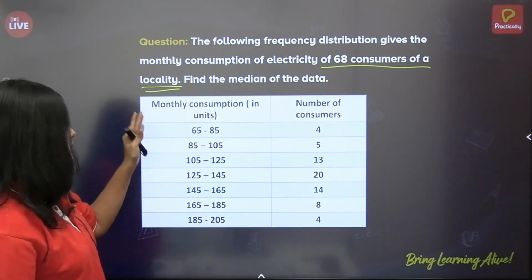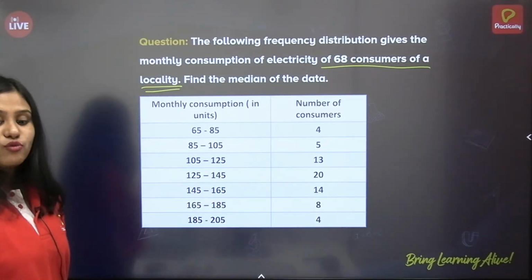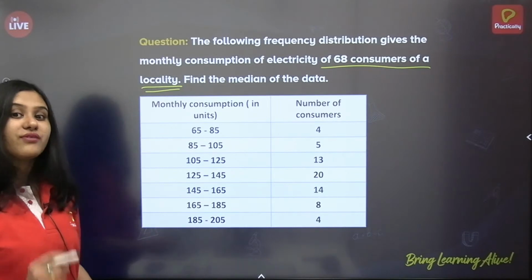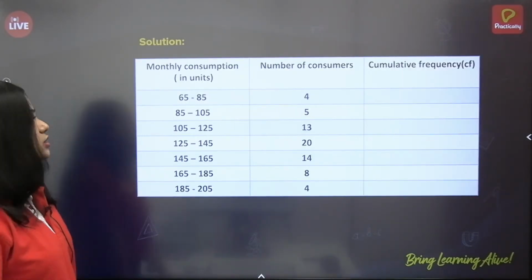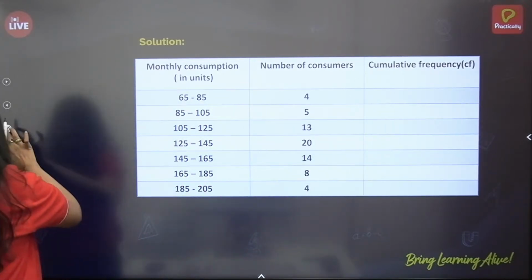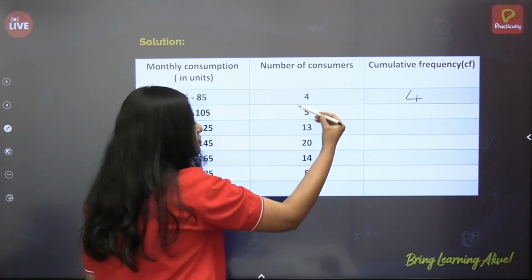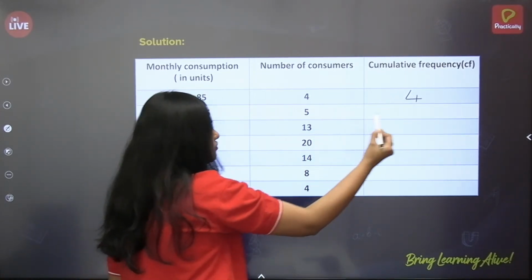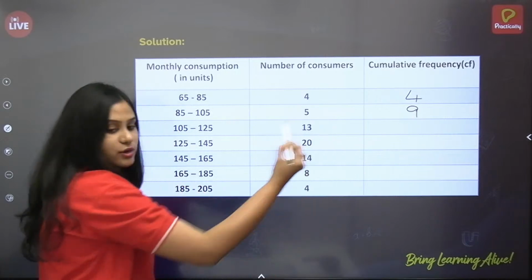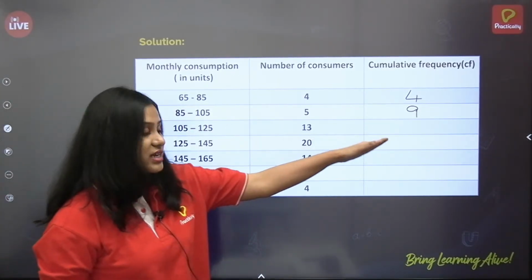We are given the monthly consumption in units and also the number of consumers. What is the first step we have to do? Find the cumulative frequency. For the first one, it will always be the same, so it will be 4 only. For the next, add the first two, 4 plus 5, 9. Now can you tell me the cumulative frequency of the next one?